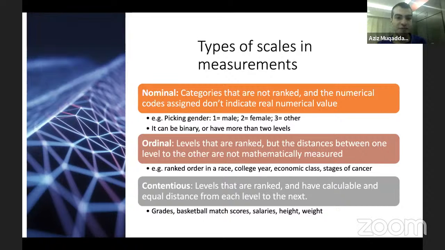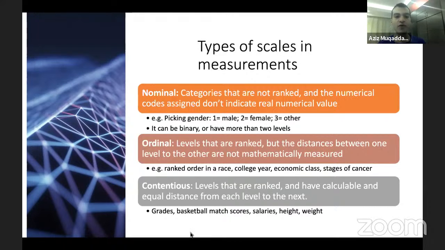Like in a basketball match, scores, right? One team got 112, the other team got 108. The difference is 4 real points, right? Salaries, weight, height, age, right? Twenty years old is twice as old as 10 years old, right?